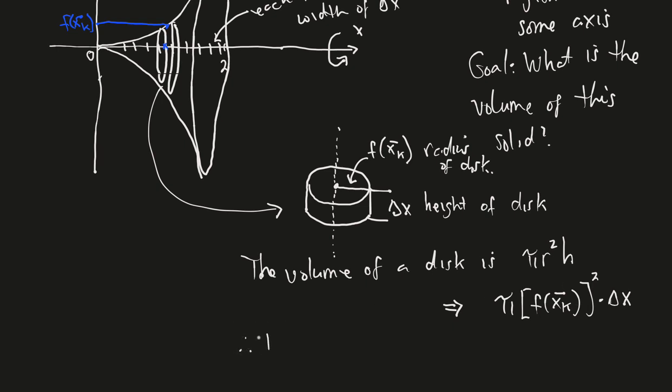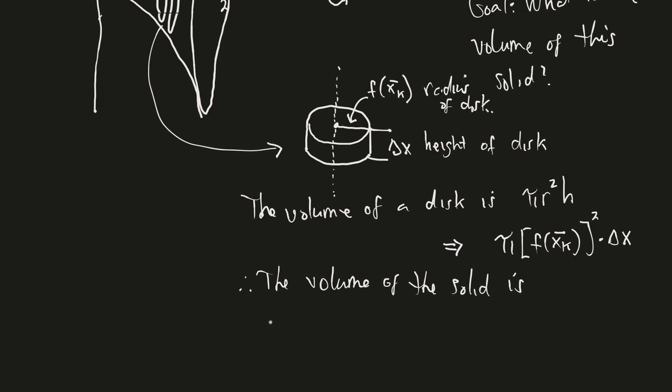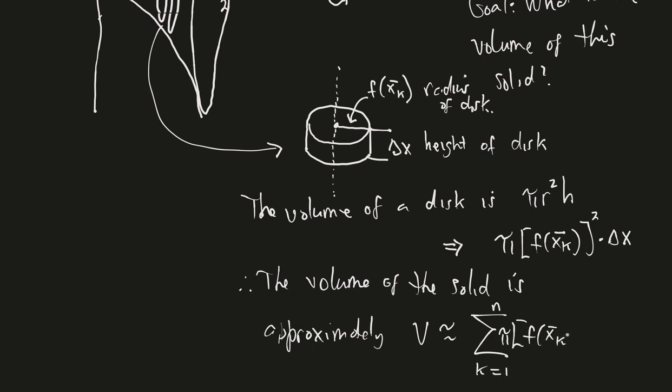So the volume of the entire solid is approximately V, and it would be the sum of all of these expressions, with k going from 1 to n, of pi times the function evaluated at that special x, just like in the Riemann sum, squared, and then times delta x.